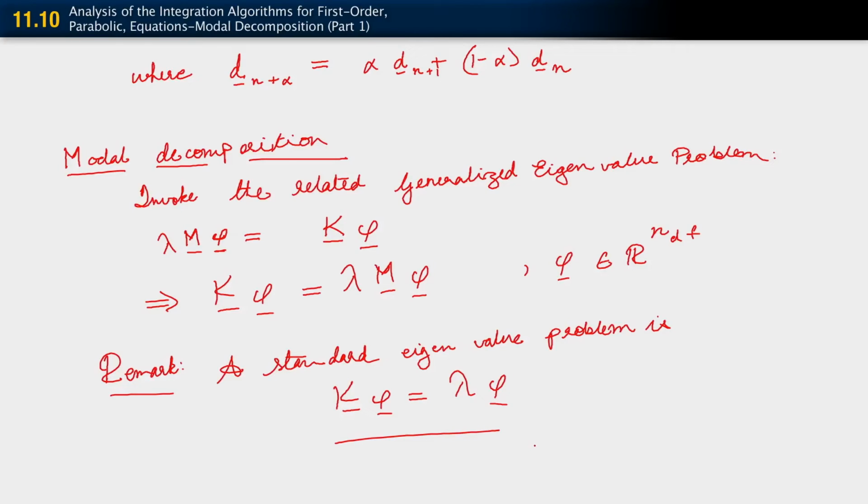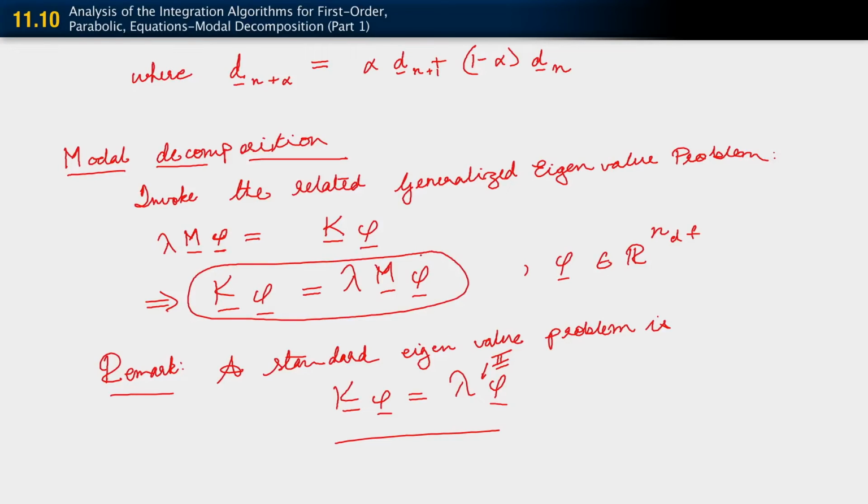A generalized eigenvalue problem is where instead of having the identity matrix here, we have some other matrix here, and in our case it's a matrix M, which we know to be symmetric and positive definite. So this is the generalized eigenvalue problem we want to consider, and it is this one that we will be working with.